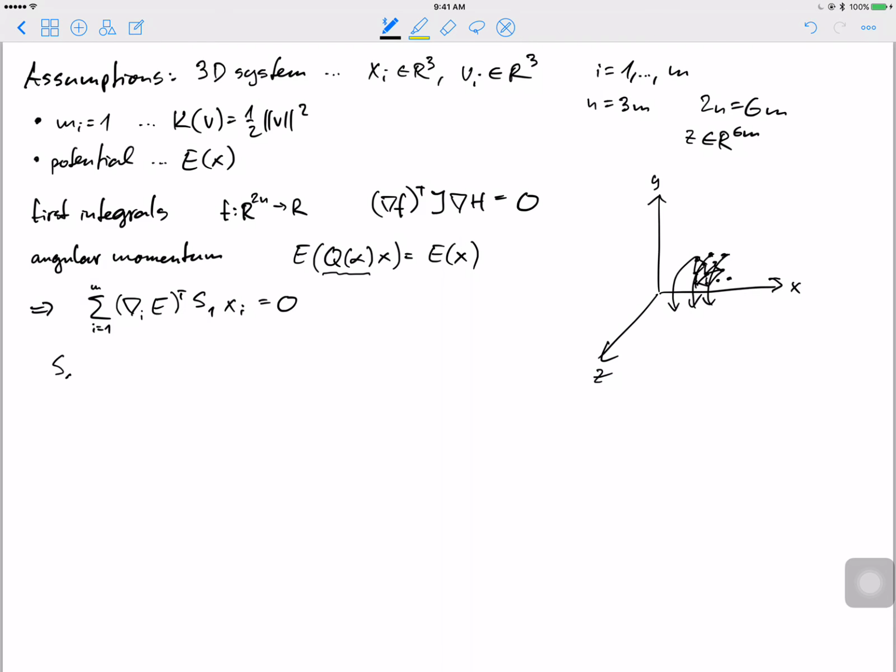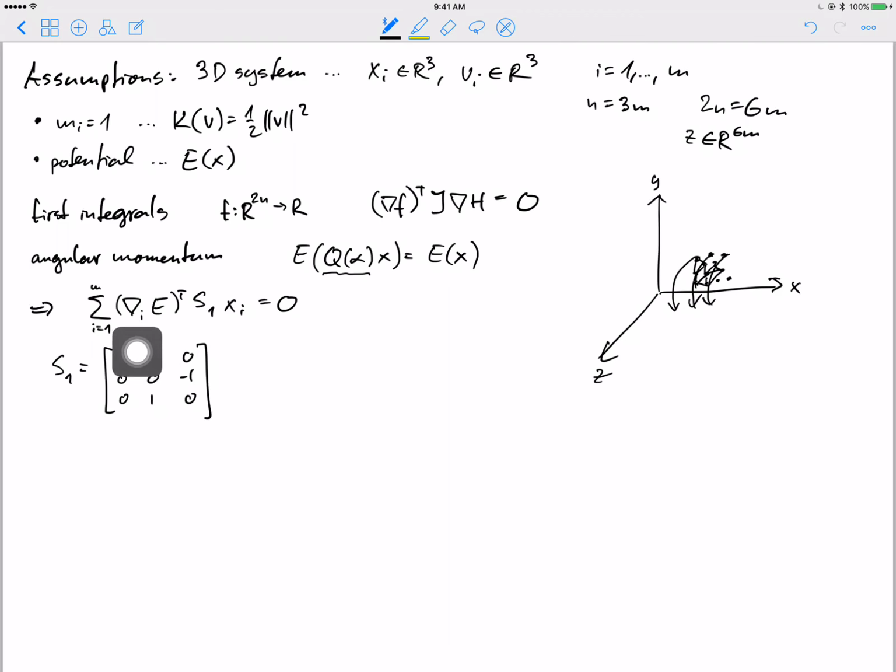Let me remind you, S1 was this funny matrix we derived the other day: 0, 0, 0, 0, 0, minus 1, 0, 1, 0. So S1 is a 3 by 3 matrix. The xi is the position of particle number i, so it's a 3 by 1 vector.